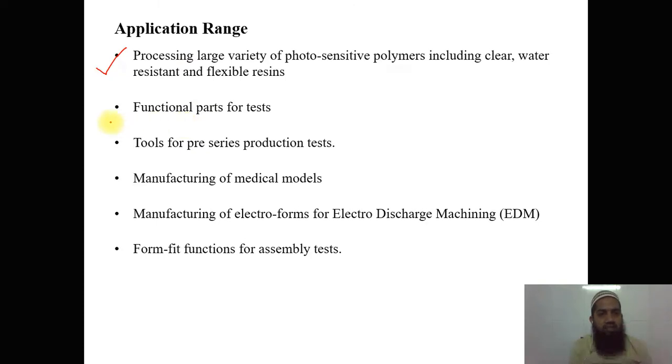Functional parts for tests, tools for pre-series production tests, different types of tools, and different types of medical models are manufactured. We also manufacture electroforms for electro discharge machining, that is EDM, and form, fit and function models for assembly tests. So these are the different applications and uses of stereolithography.